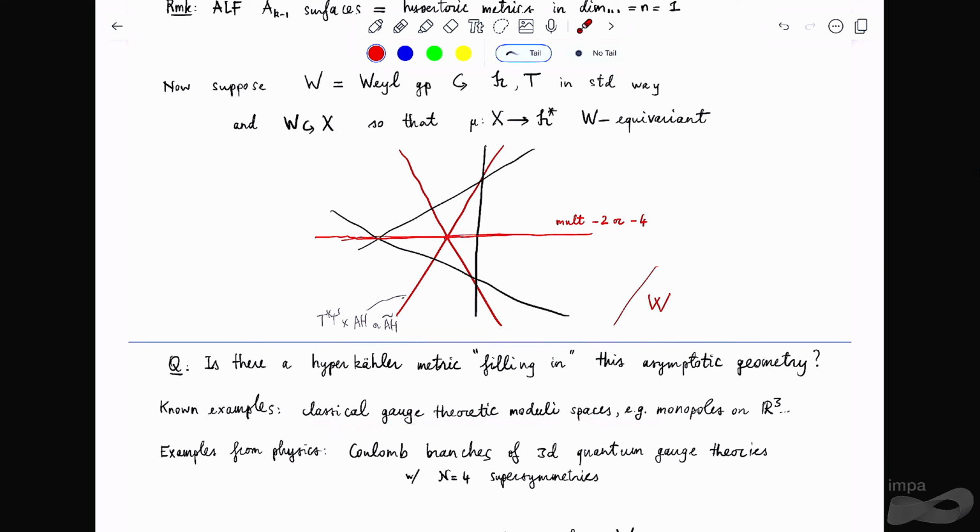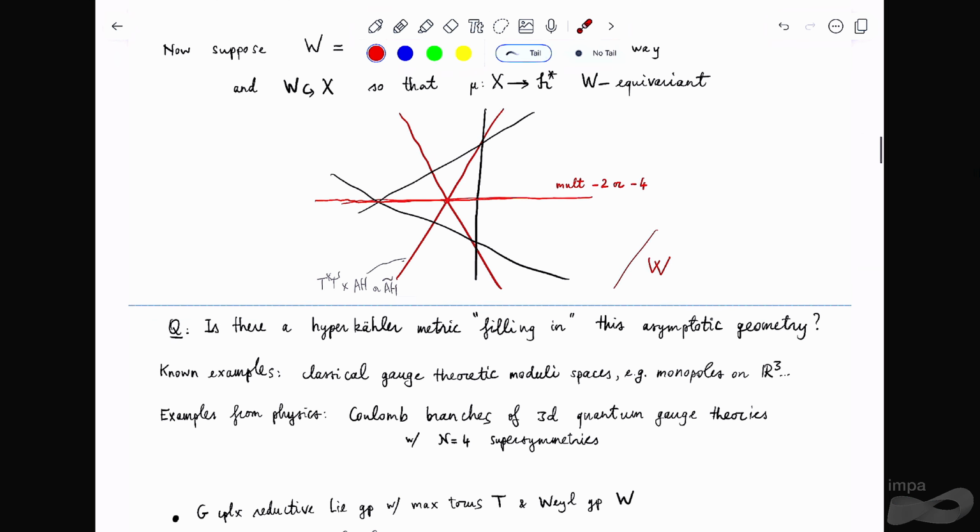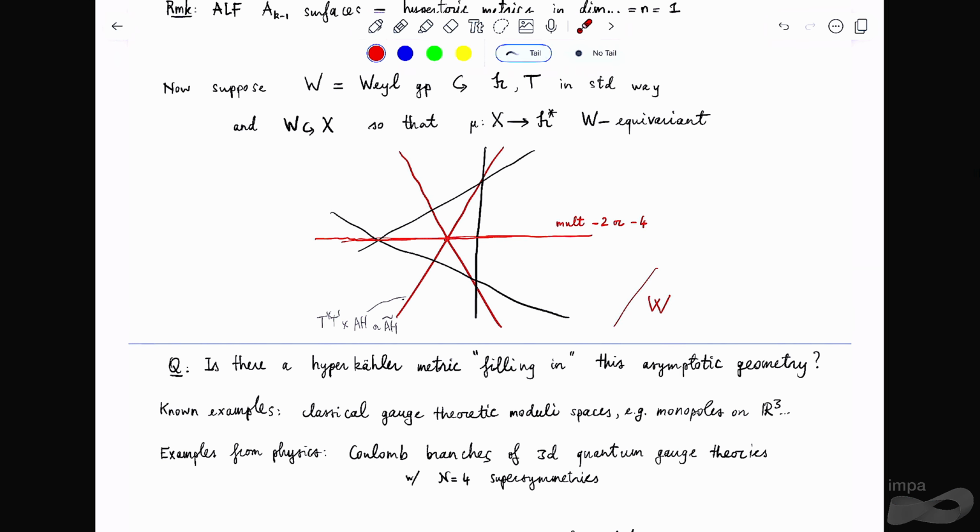And then another thing that we realized was that actually there are lots of conjectural examples.